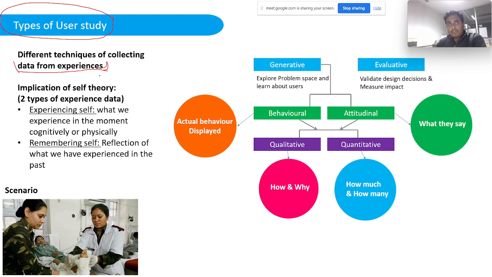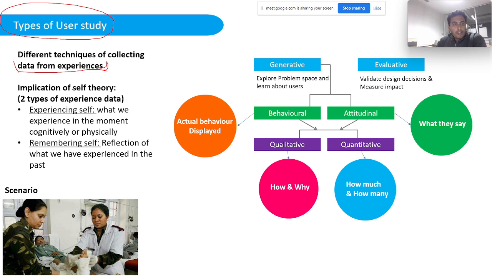Similarly, when you observe someone doing a particular task, for example the nurse wrapping that bandage, you capture the information as a third person. So you are trying to capture the experience of seeing those particular actions happening.